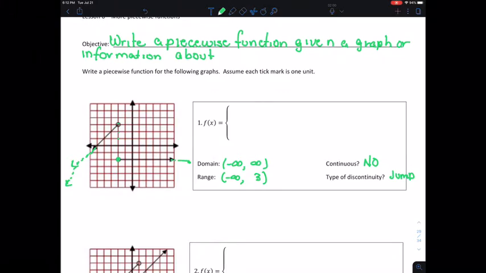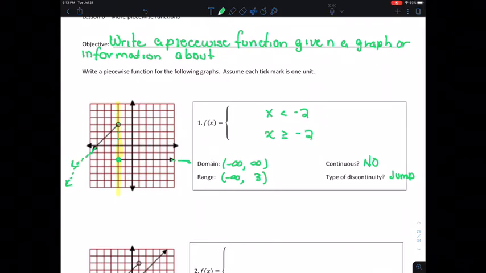Okay, so let's talk about writing our equation. We want to notice where the graph is broken into pieces. We can see that it's broken into pieces at this line. So what is that line? That is x is less than negative 2, and x is greater than or equal to negative 2.